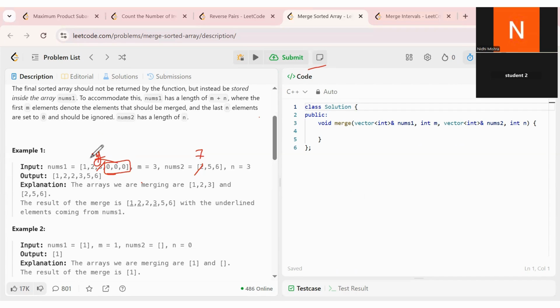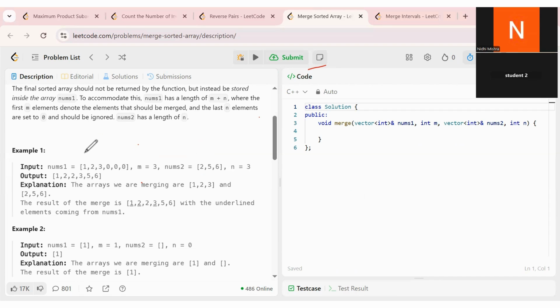So you are telling me another solution. Yes, please state the solution. We'll have 3 indices instead of 2: I, J, and K. Where is I?